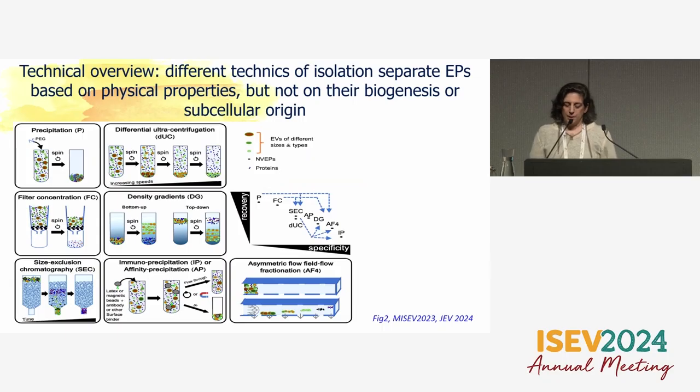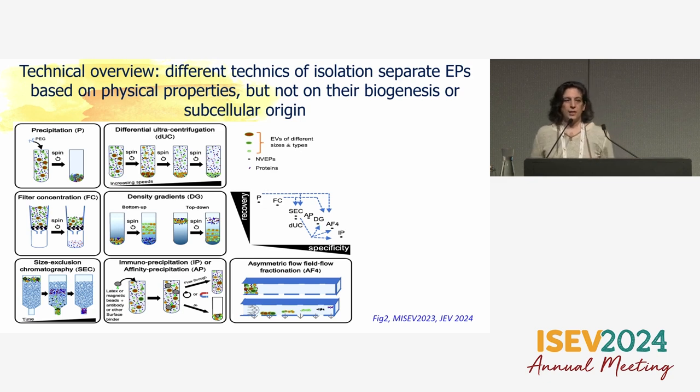And when you isolate EVs, the techniques of isolation, so this is a figure from the last MISEV, show the different techniques of isolation that are most commonly used, presented on a grid of efficiency of recovery, vertically, versus specificity of EV isolation, horizontally.